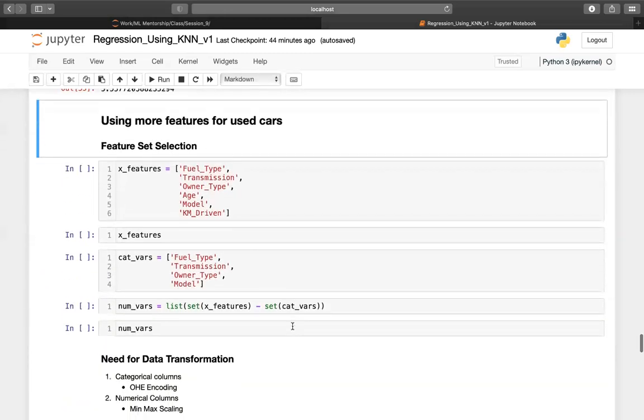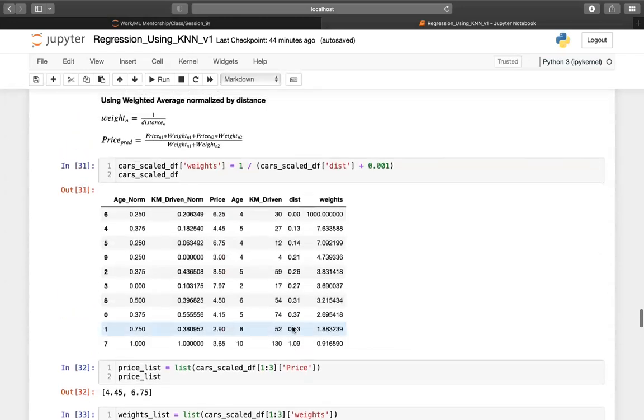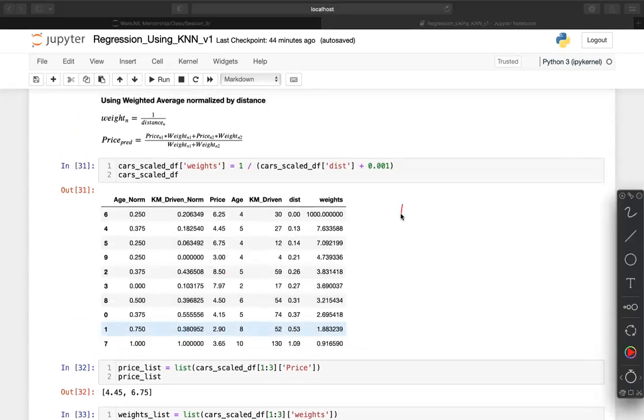So now we have understood some of the basic key concepts. One is what is a neighbor. Second is how to calculate distance, in this case the Euclidean distance, to find neighbors. Third is how to ensure that the computation of distance is not distorted.